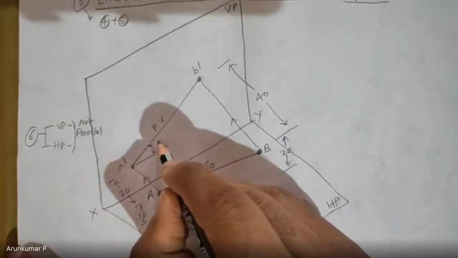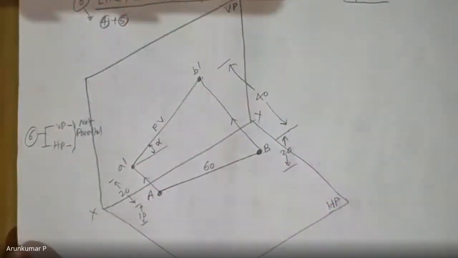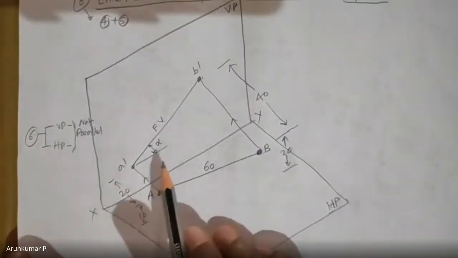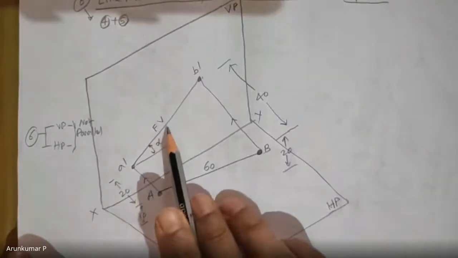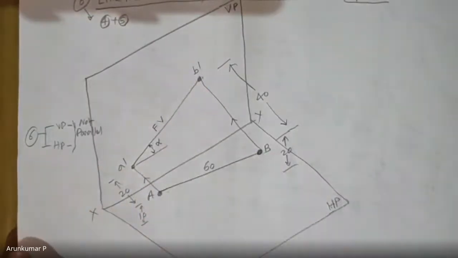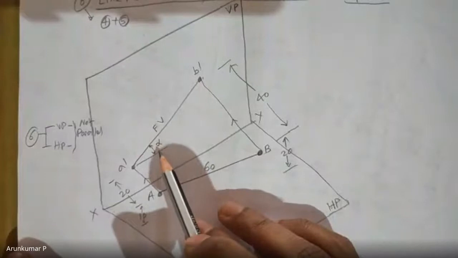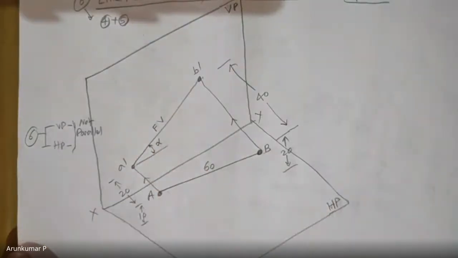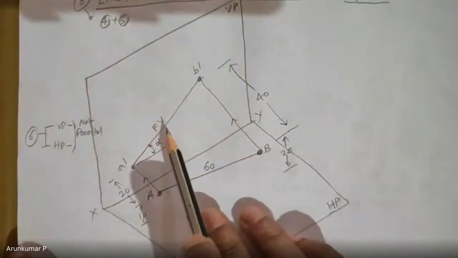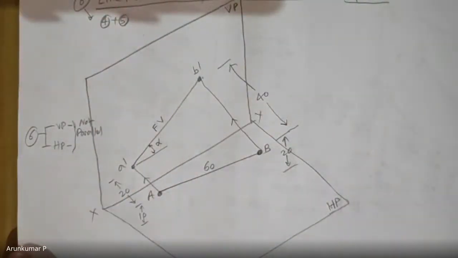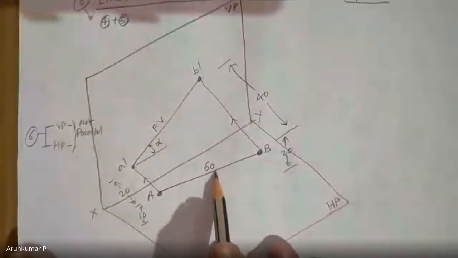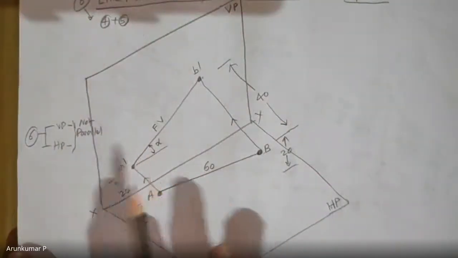I can say that this angle is alpha, whatever is the angle, 20, 30 degrees. It is a new angle, the angle at which the front view is inclined to the XY line. So A dash B dash, the front view, is inclined to the XY line by an angle alpha. Okay. Now tell me, what is the length of the front view? Is it 60 mm, or is it less than that, or is it more than that?